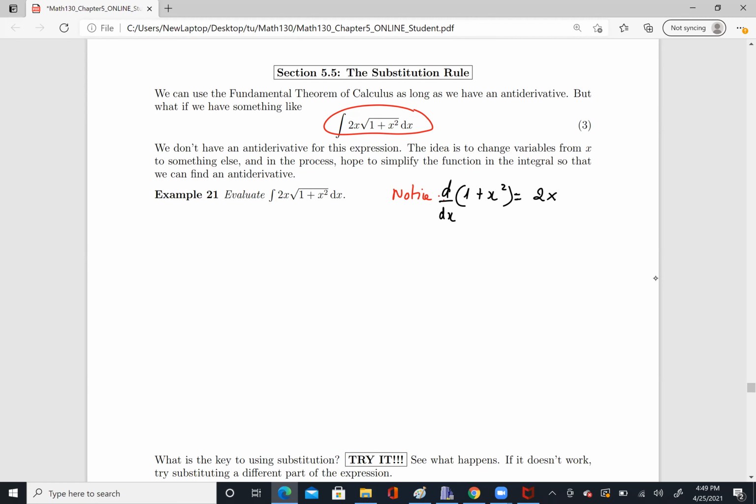So we noted this. So we're gonna let u be equal to 1 plus x squared. So then du dx will be equal to 2x. Everyone knows that, right?